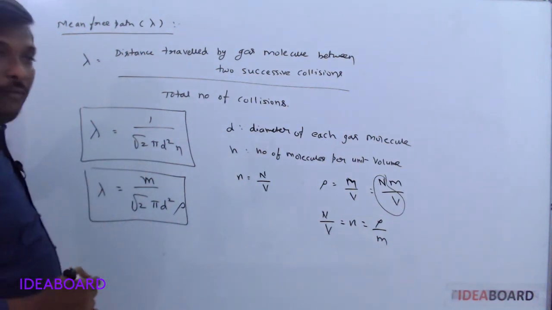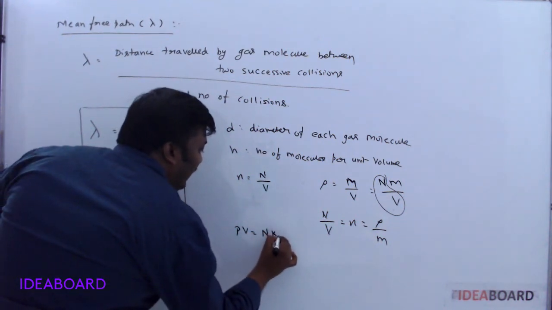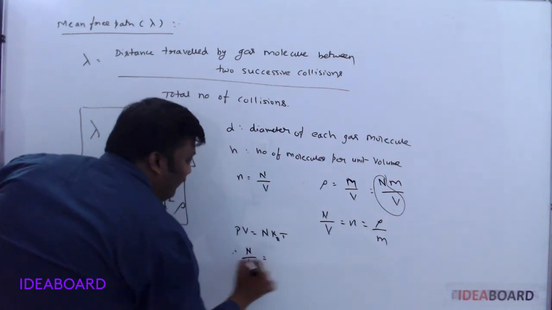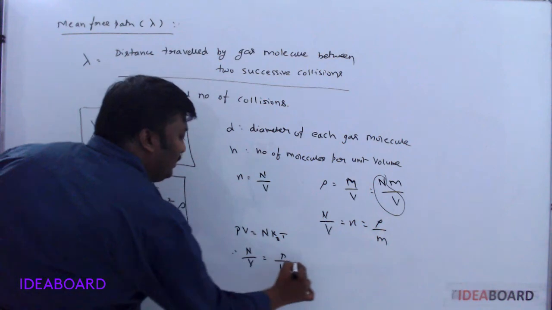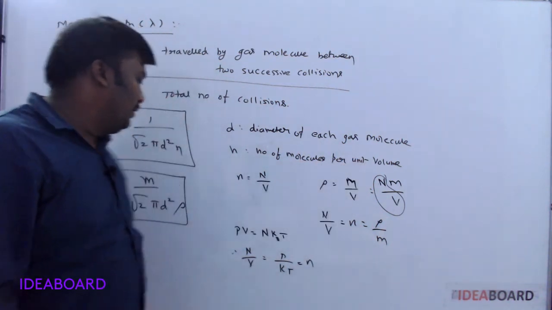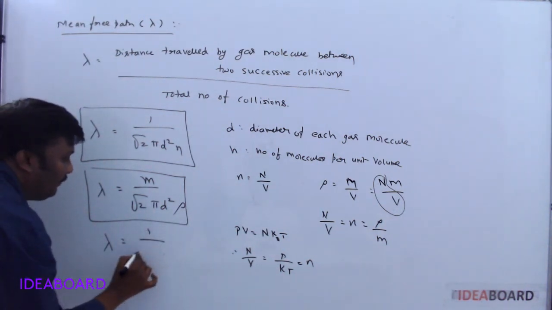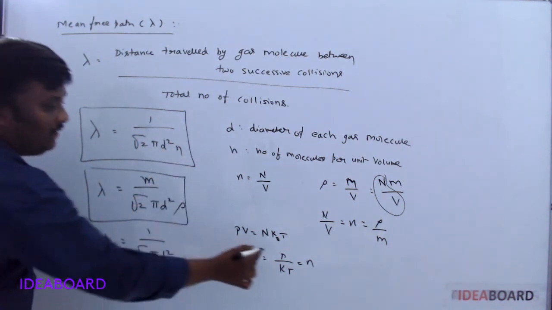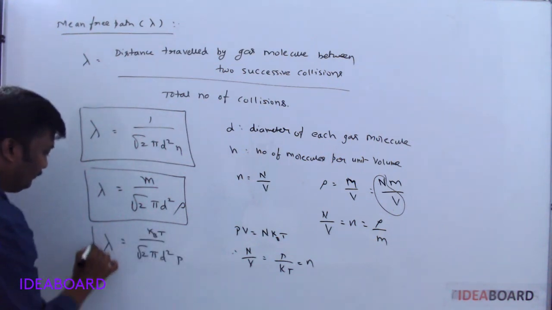Now in terms of pressure, if you want it in terms of pressure, PV is equal to N kBT. Now N by V is nothing but P by kBT, and N by V is called small n, the number of molecules per unit volume. So we have another formula: lambda is 1 by root 2 pi d square, with P by kBT instead of small n.